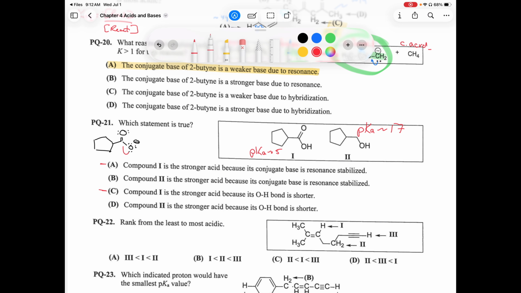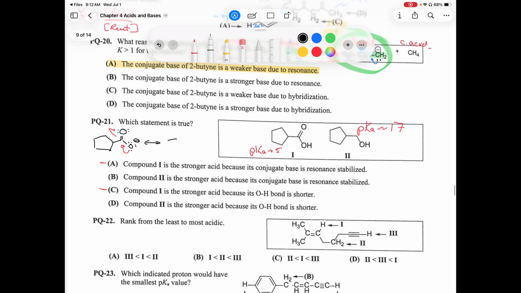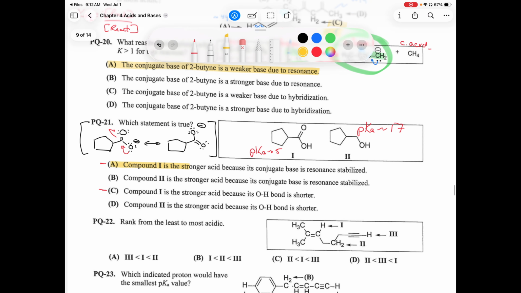You can draw a resonance form where that lone pair is delocalized, so we end up with something that looks like this. Those are the resonance forms. Whereas if I draw the conjugate base of this alcohol, which is going to be this, there's no resonance form I can draw for it. There's no resonance form, and so the answer is going to be A.